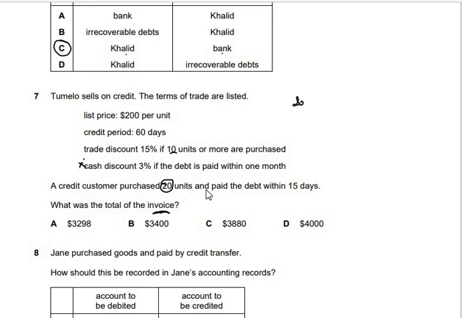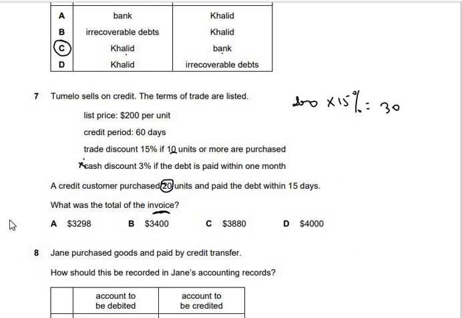So we'll take 200, which was the list price, and we minus the trade discount of 15%. So now on the calculator, 200 times 15 over 100, I'm getting 30. So the trade discount is 30.